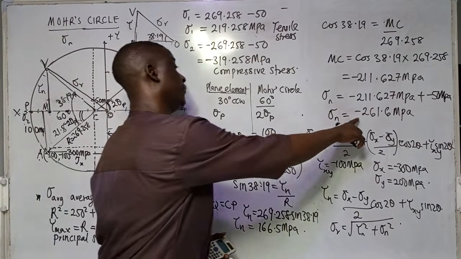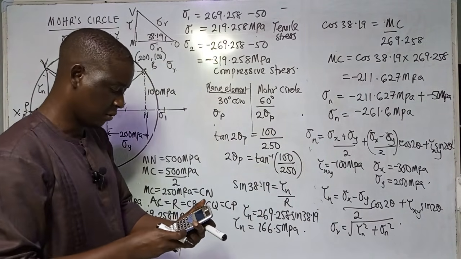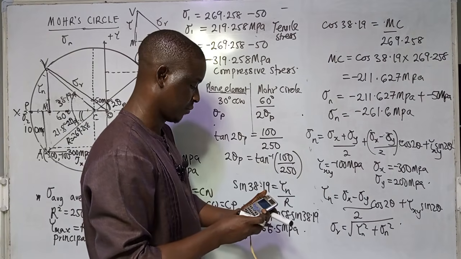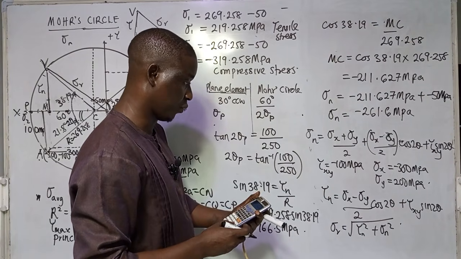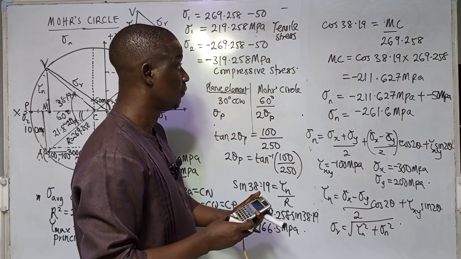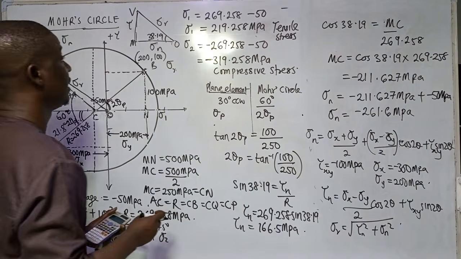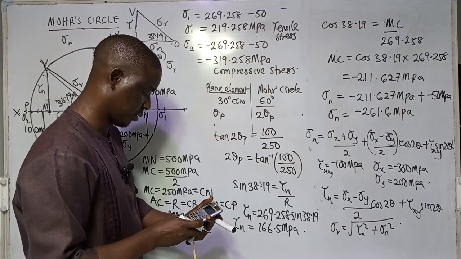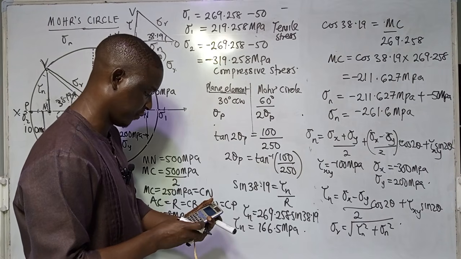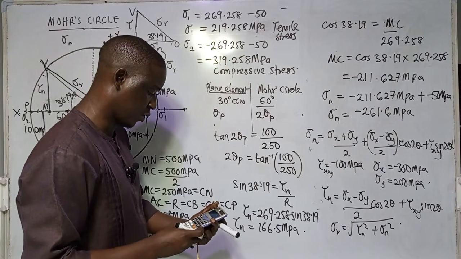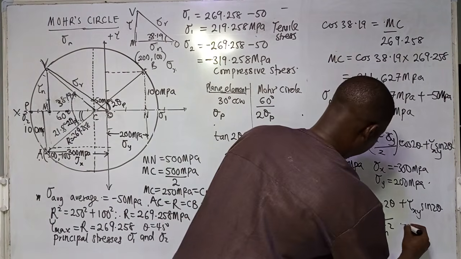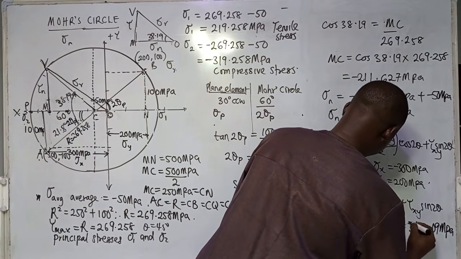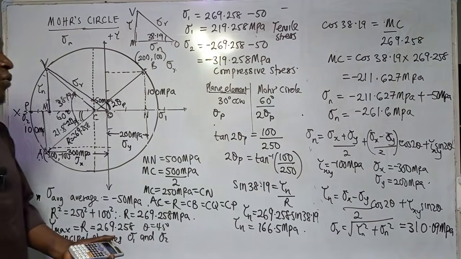Having gotten the value for this, what you are going to have is minus 261.6 all squared plus the normal stress, plus 160 point 25 all squared, then square root of everything. That will give us 310.09 megapascal resultant stress.